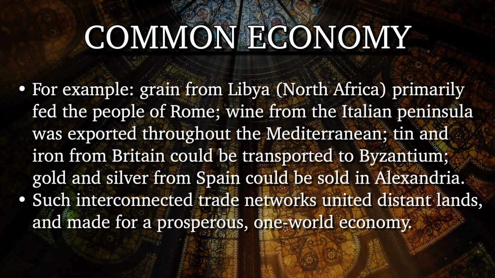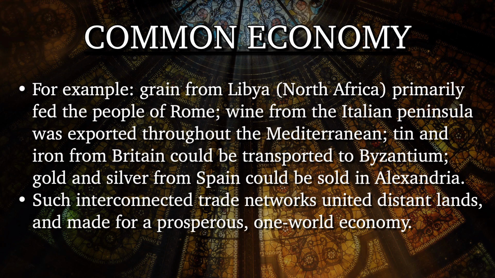It allowed for things that were literally unthinkable before the rise of Rome. Libya, for example, in North Africa, was the major grain supplier for the city of Rome itself.